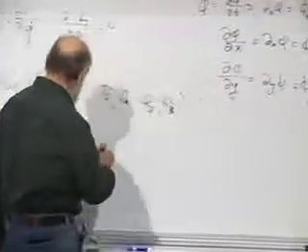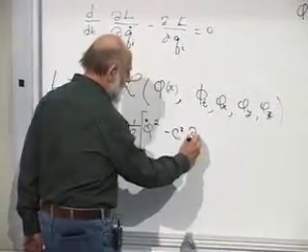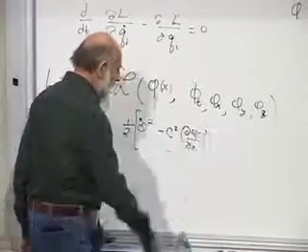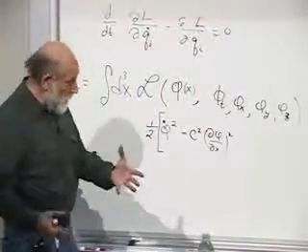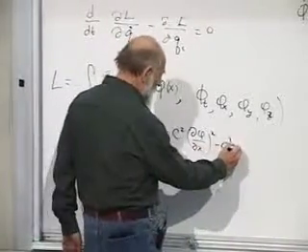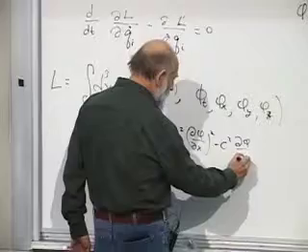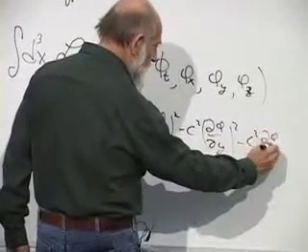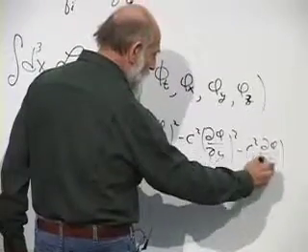And so there was d phi by dx squared. And of course, in a more general context, we might also have minus c squared d phi by dy squared, minus c squared d phi by dz squared.